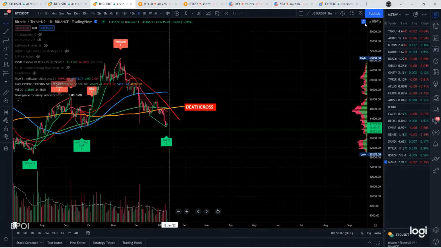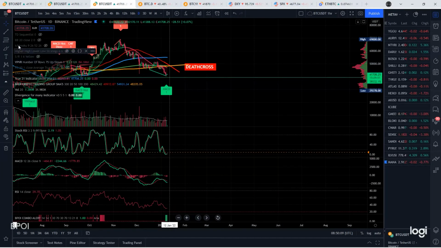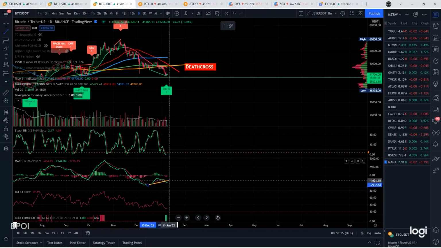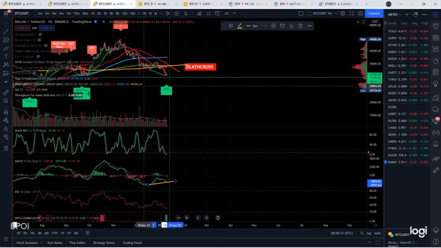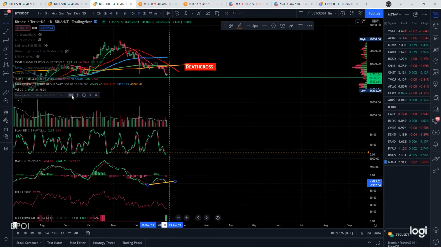If I bring in the MACD right now, you can see that we've got a move down. Price action is showing a downward momentum, whereas the MACD at the moment is showing an upward momentum. We look for divergences for possible indications of market reversal. So are we about to see a market reversal?